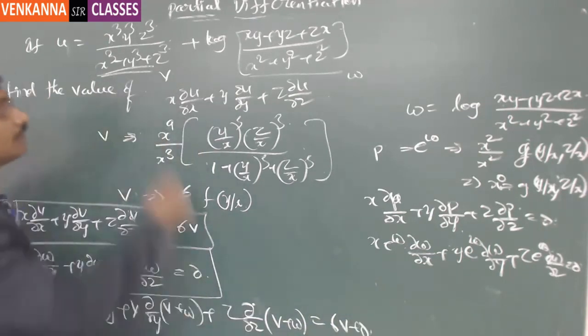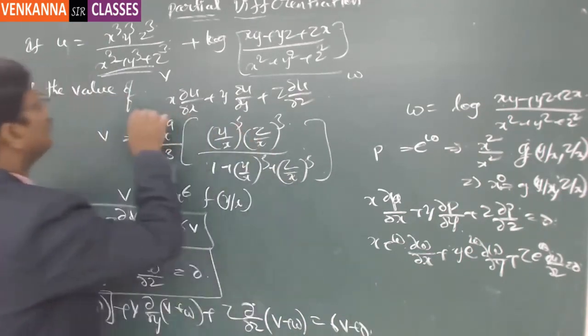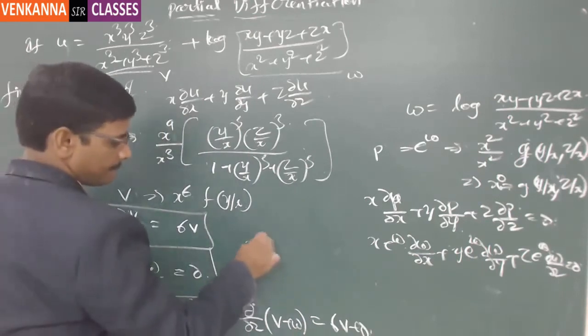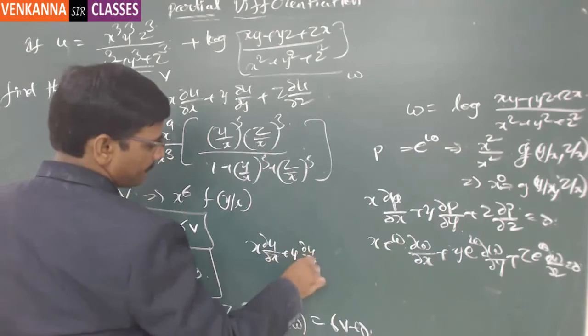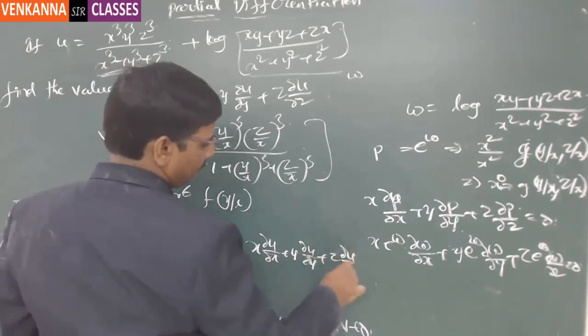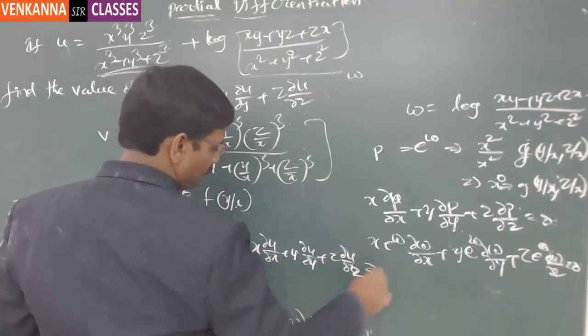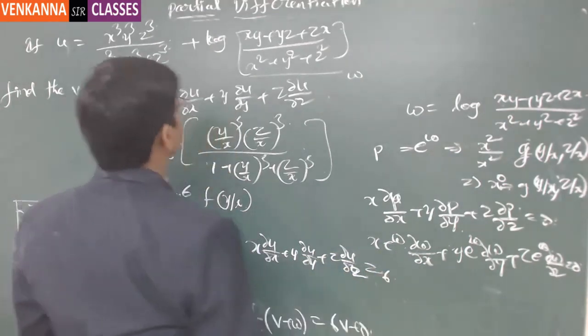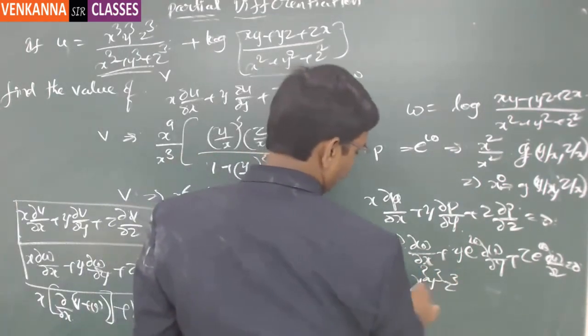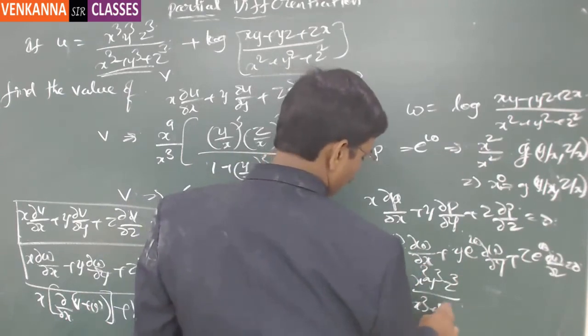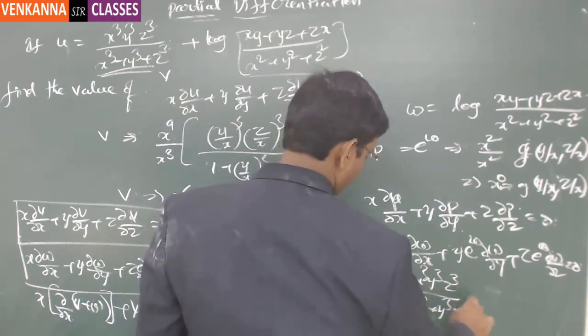So the original answer, x ∂u/∂x plus y ∂u/∂y plus z ∂u/∂z is equal to 6 times x cube y cube z cube divided by x cube plus y cube plus z cube.